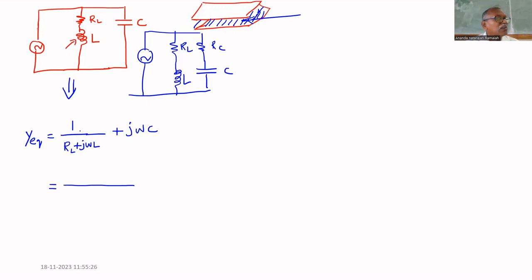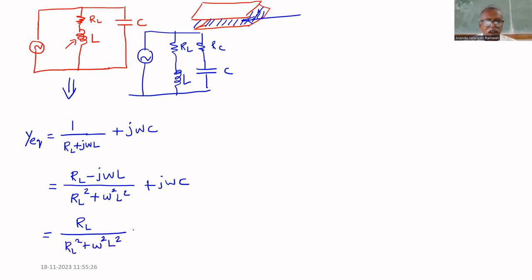If you multiply the numerator and denominator by the complex conjugate, you get RL minus j omega L over RL square plus omega square L square, plus j omega C. So it can be written as RL upon RL square plus omega square L square, plus j times omega C minus omega L divided by RL square plus omega square L square.